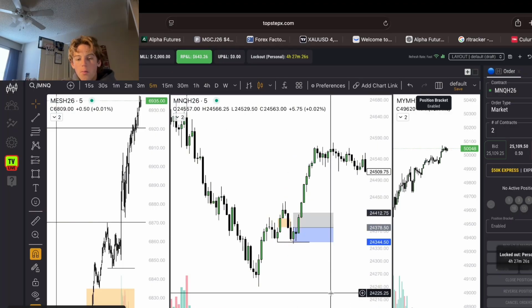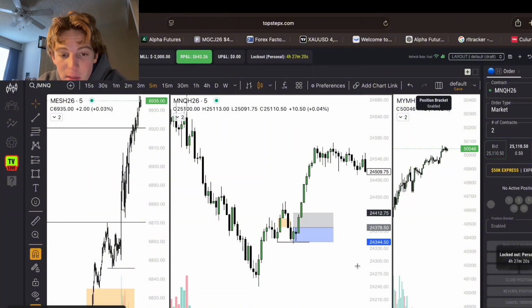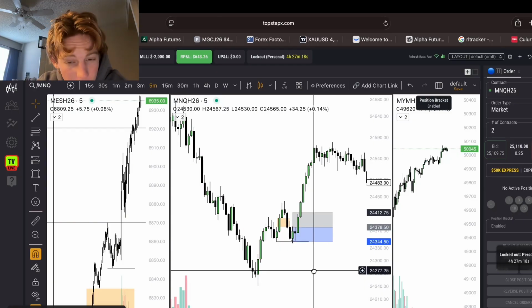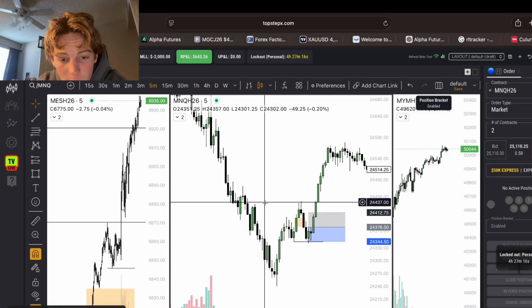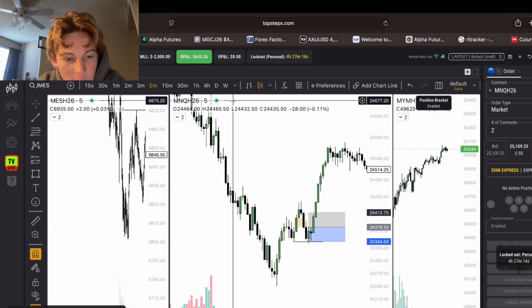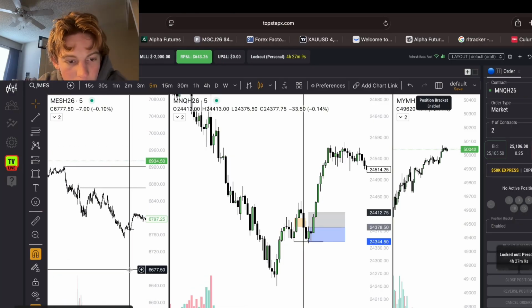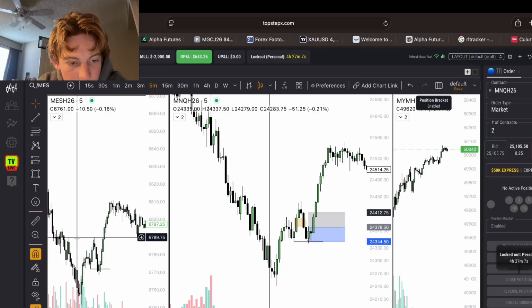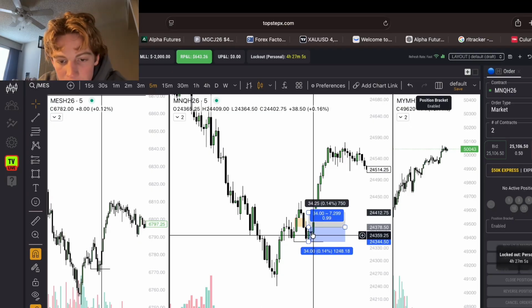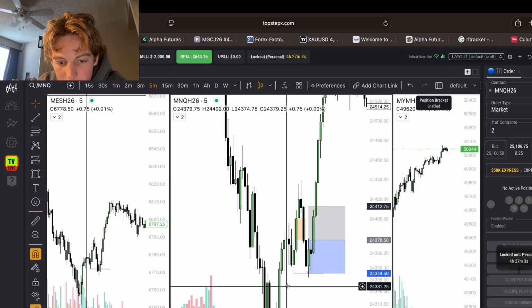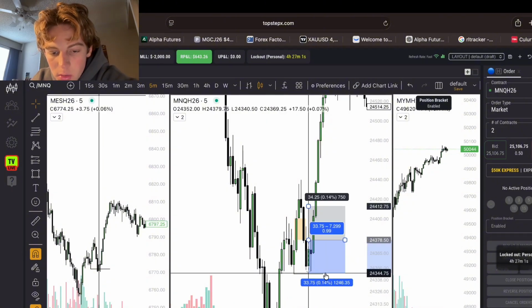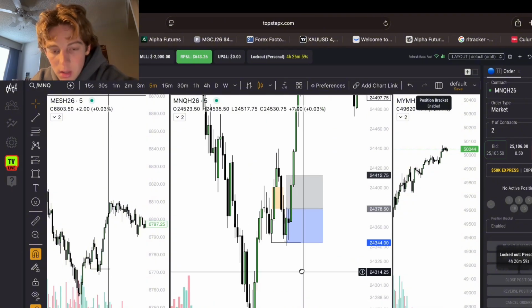And for me to want to see price go higher, although we could have manipulation, I would have wanted to see us take out something first to go higher than to go lower. That makes sense. So swept out this internal high. I think there was an SMT at the time. I don't remember. No, I don't believe there was an SMT actually. We swept it out on both ES and NQ. Got this clean 5-minute inverse and just targeted this internal low. It was like right here. And then that was that.